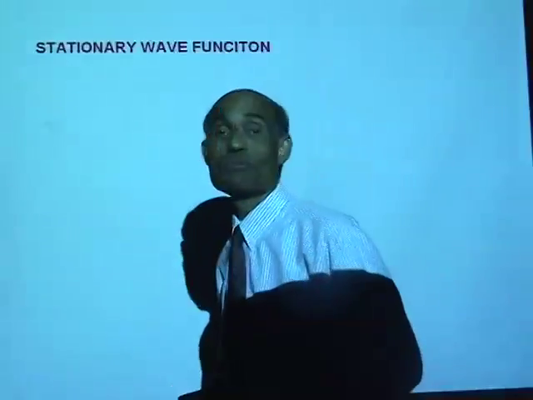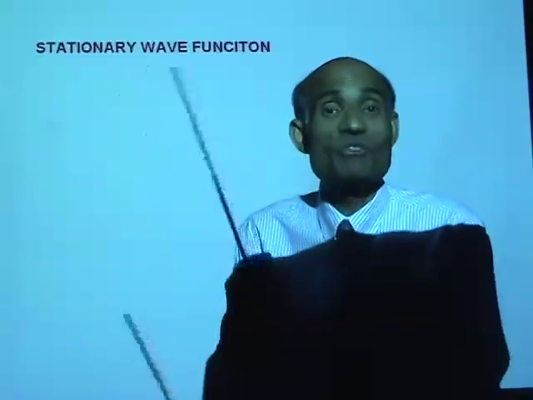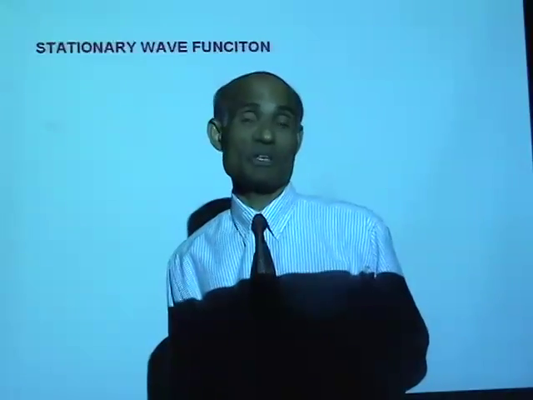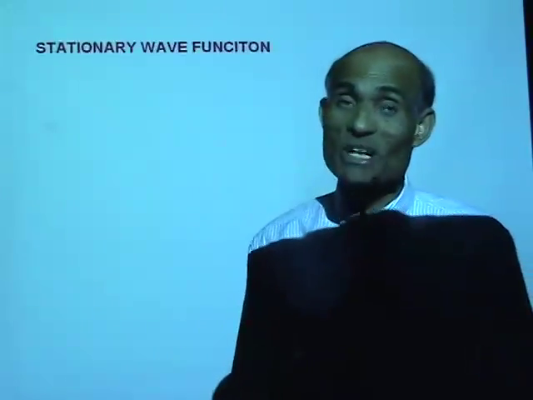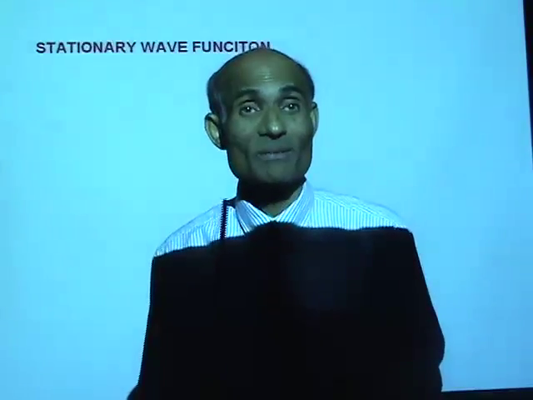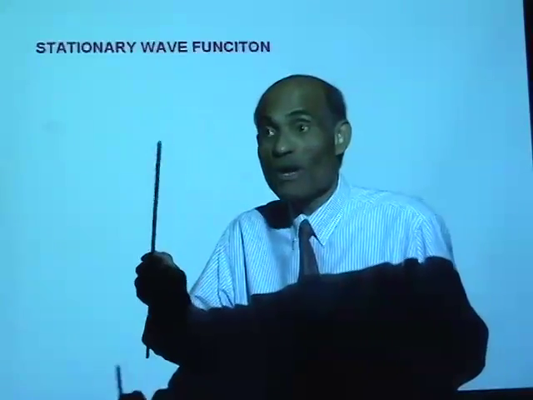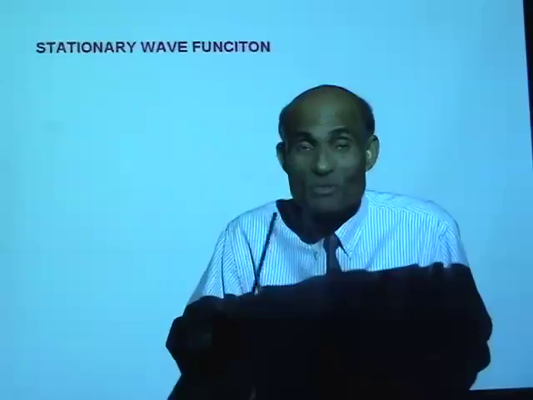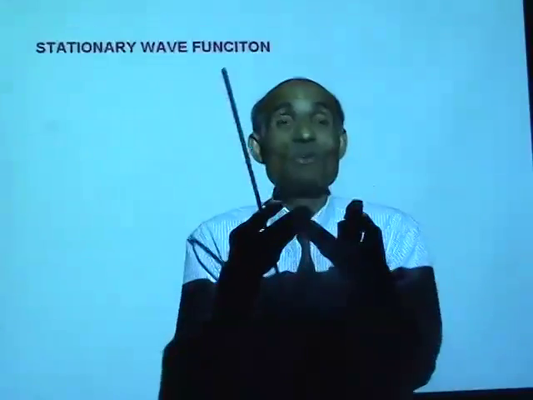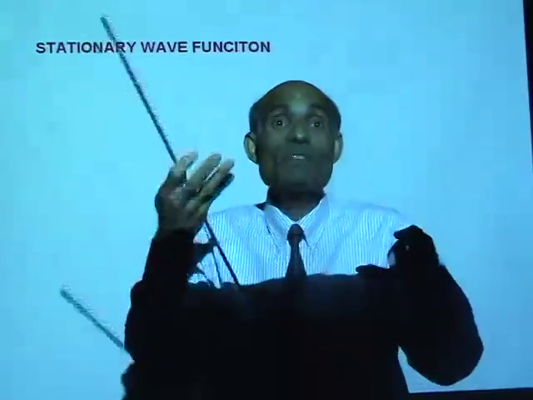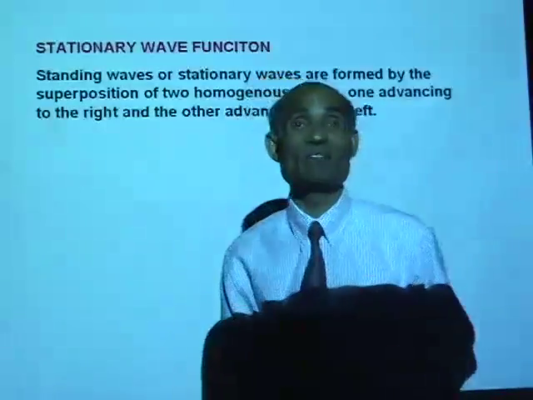Let's now obtain a wave function for a stationary wave. Do you remember how stationary waves are formed? Stationary waves are formed when an advancing wave and the reflected wave superimpose on each other, and the resultant wave is the stationary wave.